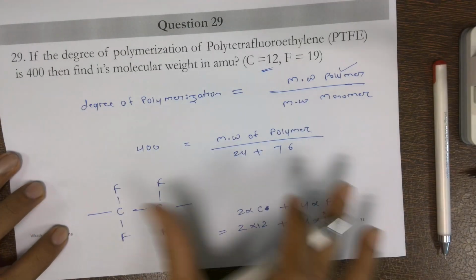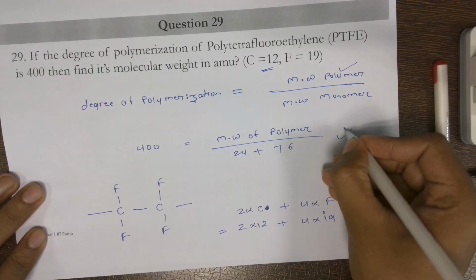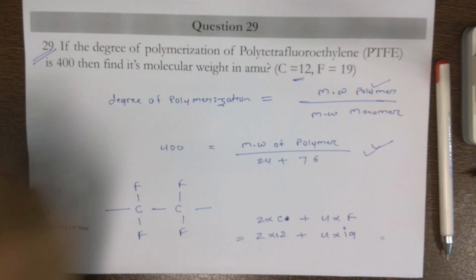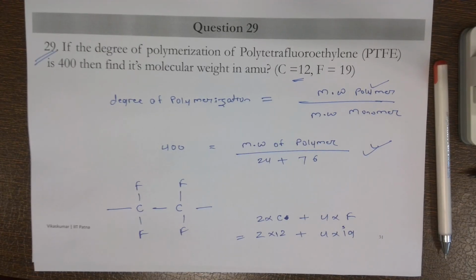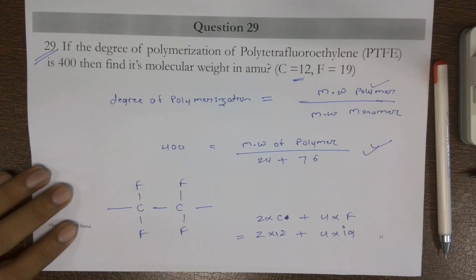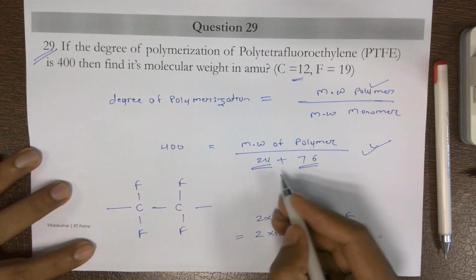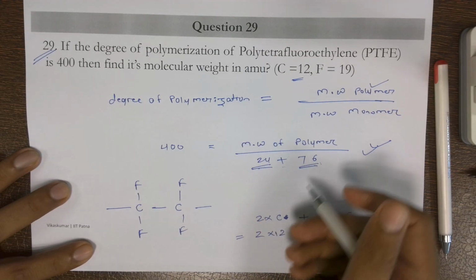Now we can find the molecular weight of the polymer. So we have solved this question number 29. Let's do it. 76 plus 24, it will be how much? 80 and 20, it will be 100.